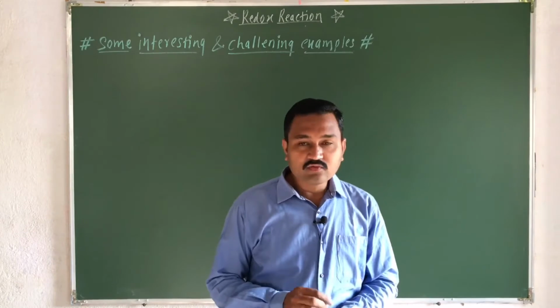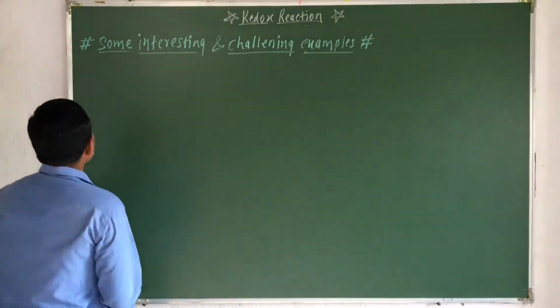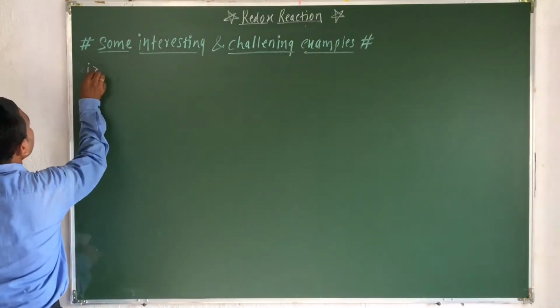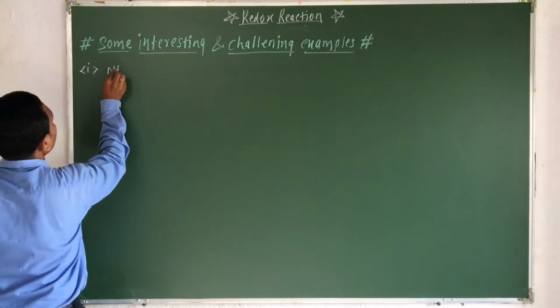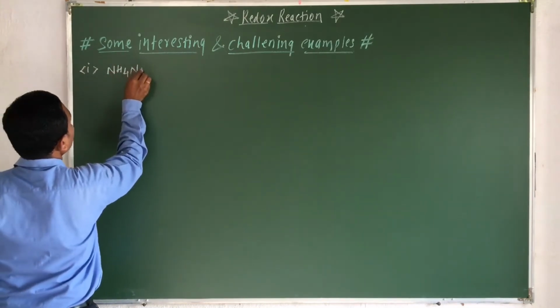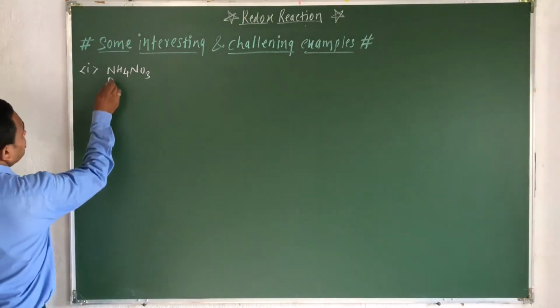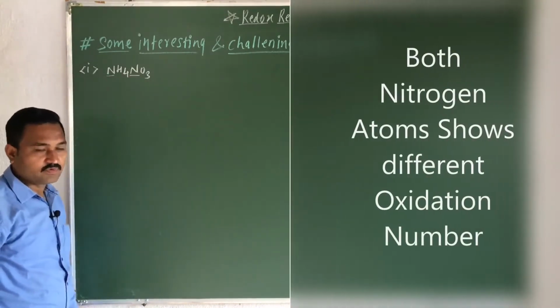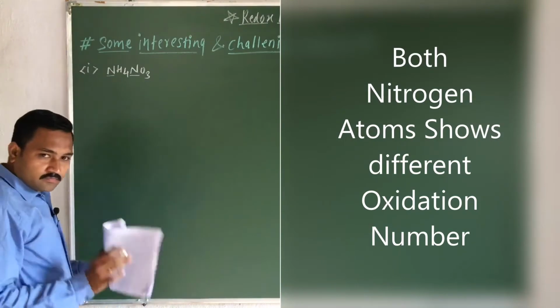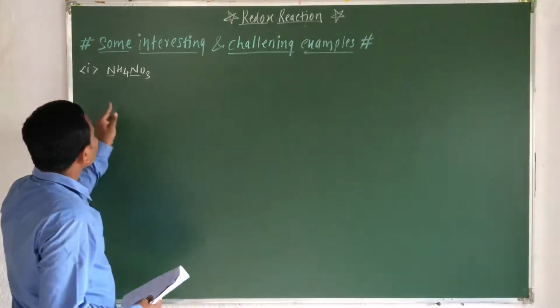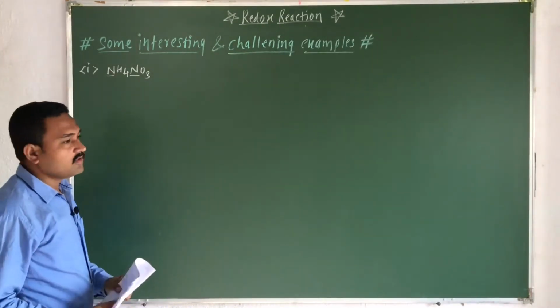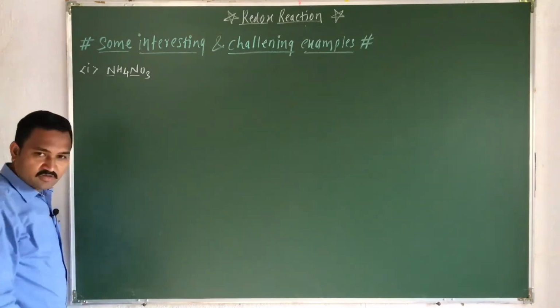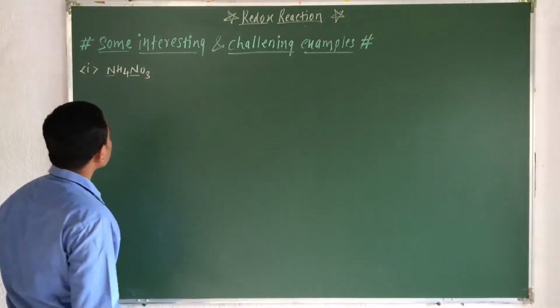So let us start with the first example. Example number one, NH4NO3. We have to calculate the oxidation number of the nitrogen atom. Before considering the nature of this particular compound, how can we calculate the oxidation number?